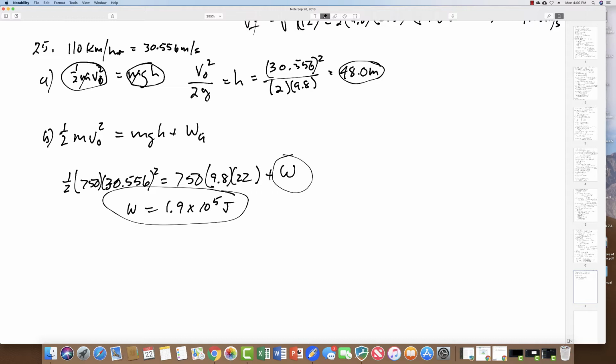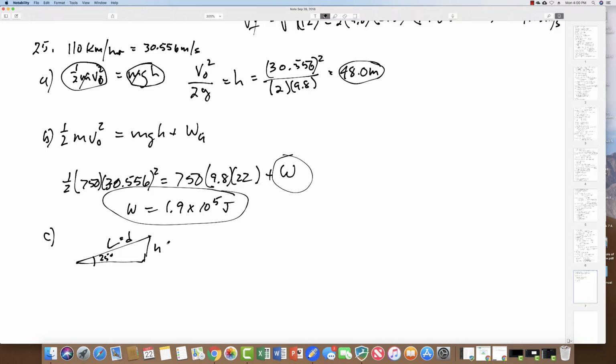Now the third question says, what is the average force of friction if the hill has a slope of 25 degrees? So what is the average force of friction? So we know it's going up a hill. This is 25. This is the length, or D. I've been using D a lot.